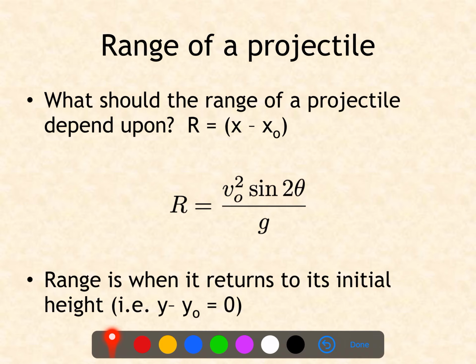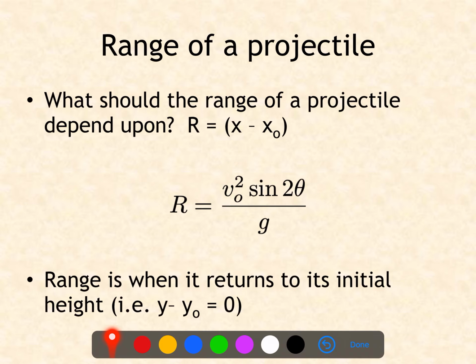So you have to have your projectile returning to the same vertical position from which it started in order to use this equation. If the projectile is shot up onto a cliff or comes from a cliff down below, like the previous example with the person jumping off the cliff, you cannot use this range equation. But for the game of baseball, where things are often coming up and going back down to about the same height, then we can use this range equation quite frequently.